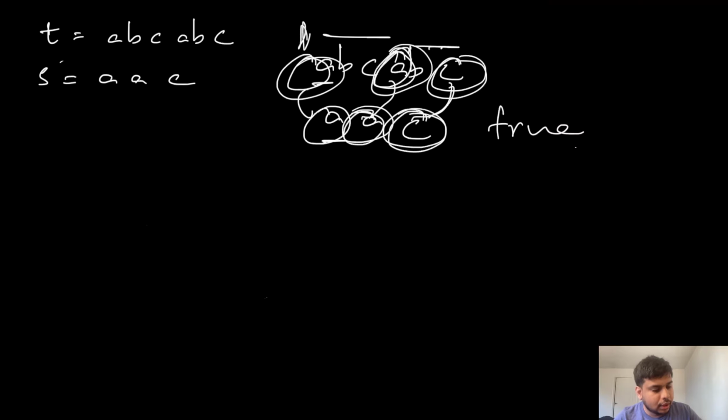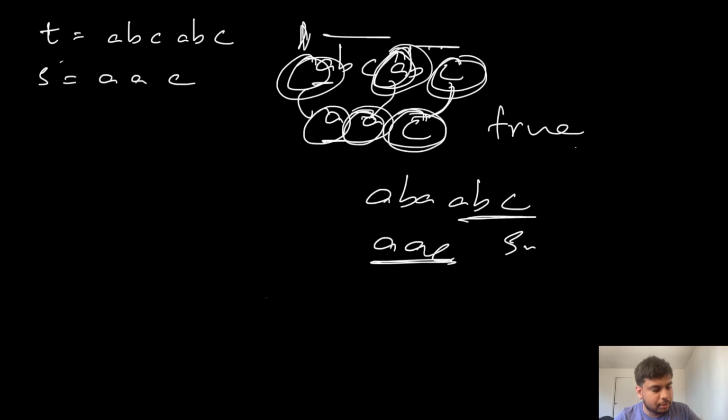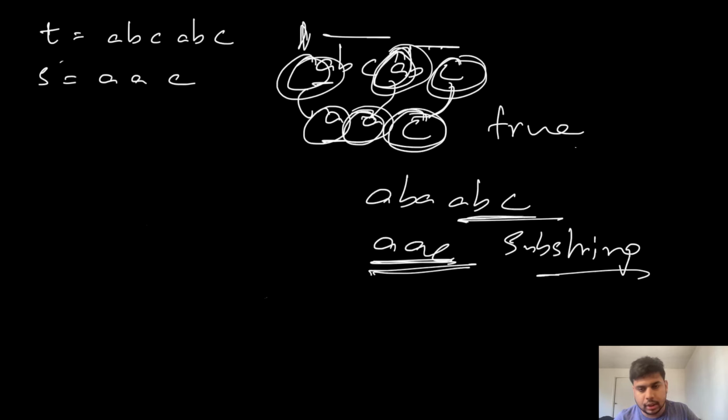And also, if they had to match consecutively, like let's say you were checking if AAC together occurs contiguously anywhere, that would have been a substring. So that is different. Substring means all the characters should occur consecutively together.